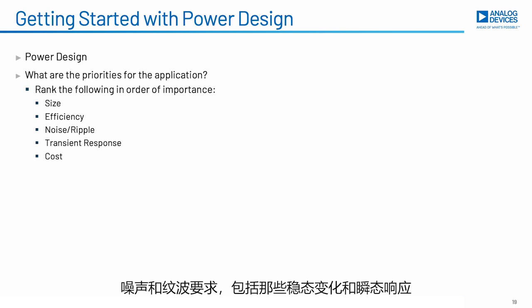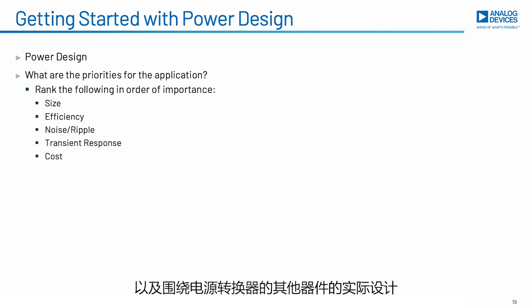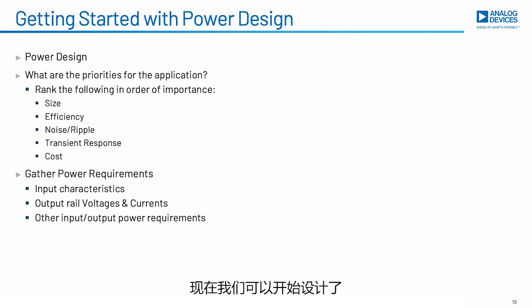These are small steady state variations, and the transient response. And then finally, cost. So these are all different characteristics that will affect which power device we recommend and what the design actually looks like in terms of the other components that surround the power converter. So we gather the power requirements, input, output, and the other power requirements, and now we're ready to get started.